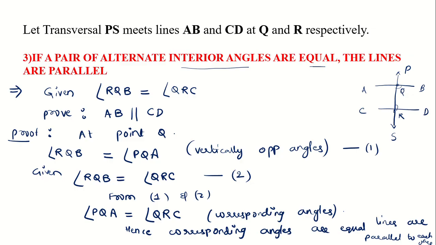The second theorem we proved: interior angles on the same side of the transversal are supplementary. And the third theorem we proved: if we have a pair of alternate interior angles which are equal, then the lines are parallel.